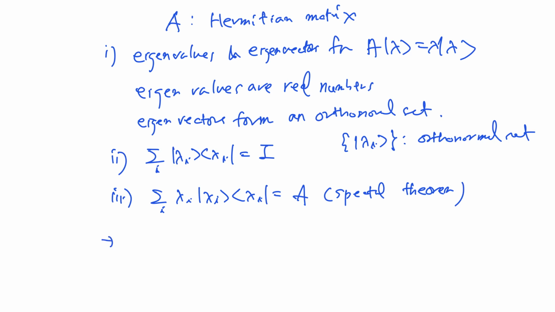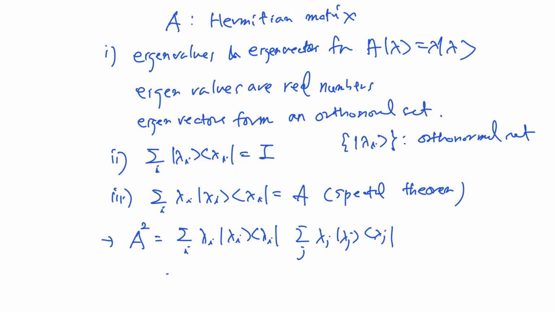Then, interesting thing is, you can calculate A squared, which is lambda I, lambda j, lambda I, lambda j, what is this?